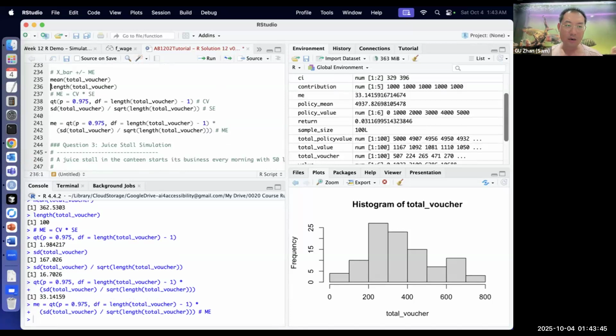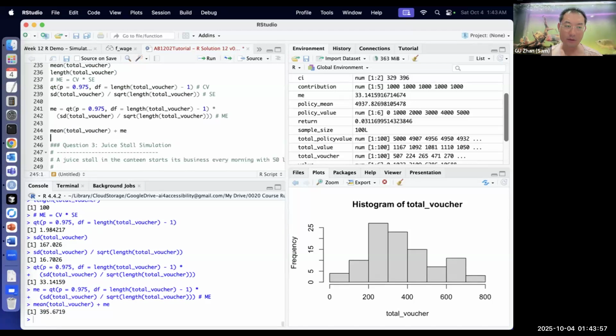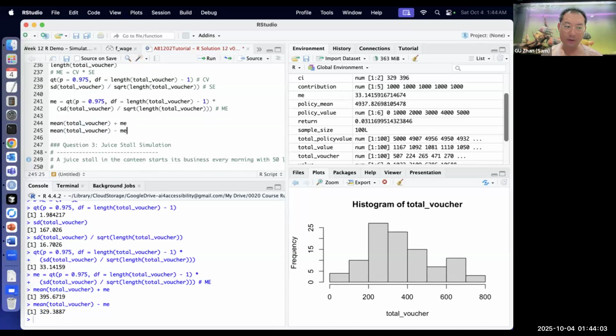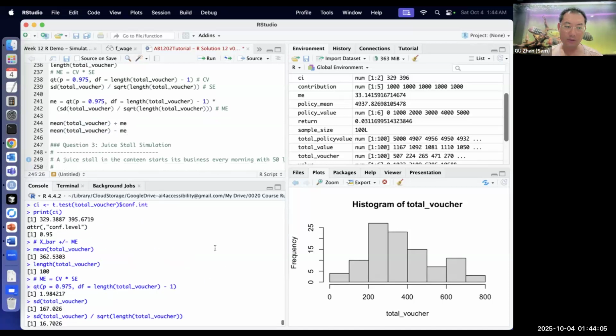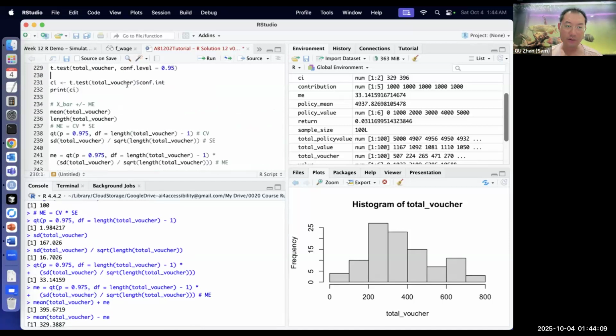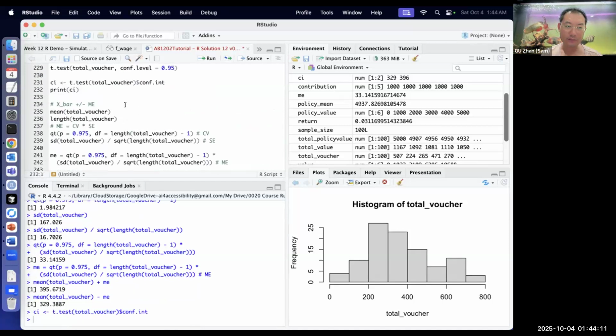You have X bar. X bar is this mean value. So mean value plus ME and minus ME. So it is the same as your t-test value. Let's have a look here, t-confidence.